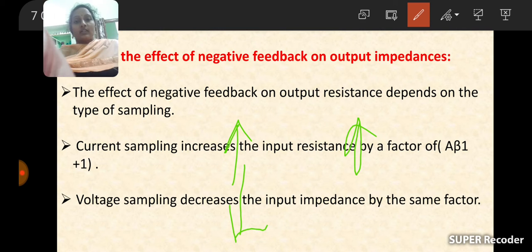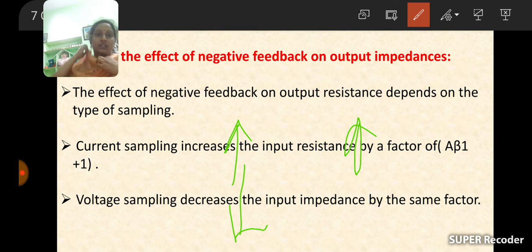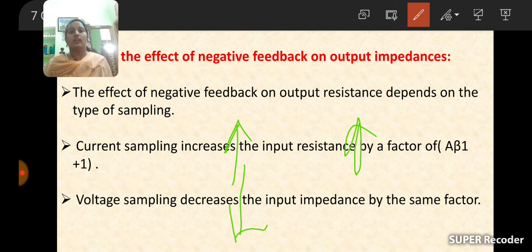There are two types of sampling, current sampling and voltage sampling. Current sampling increases the resistance by a factor of 1 + A beta, and voltage sampling decreases the impedance by the same factor.